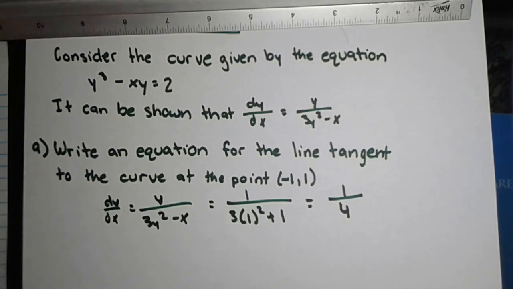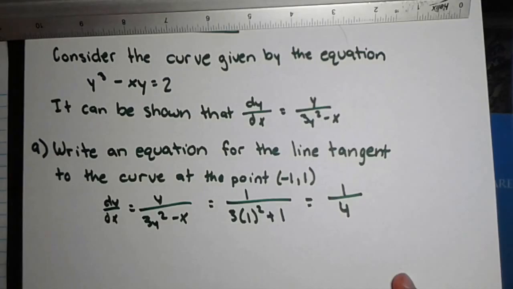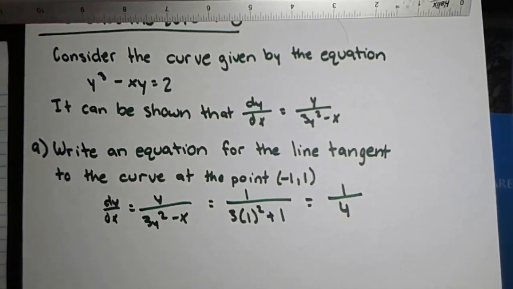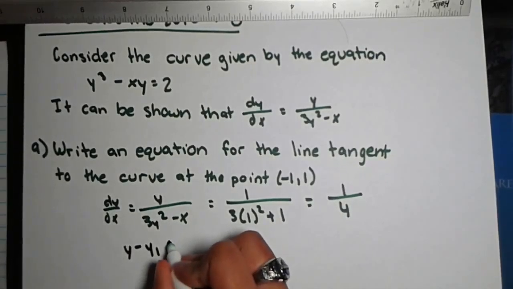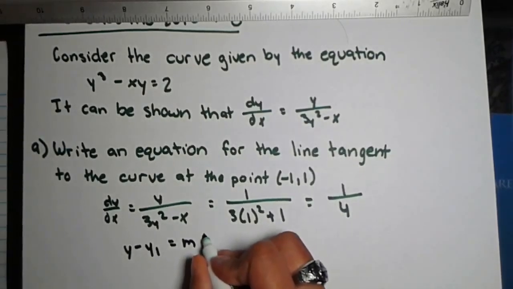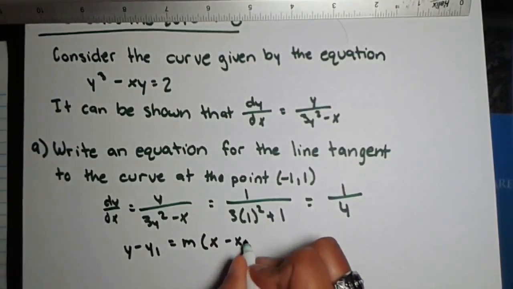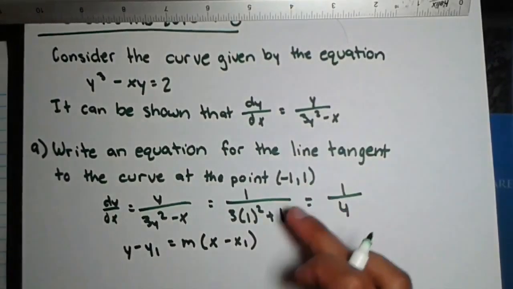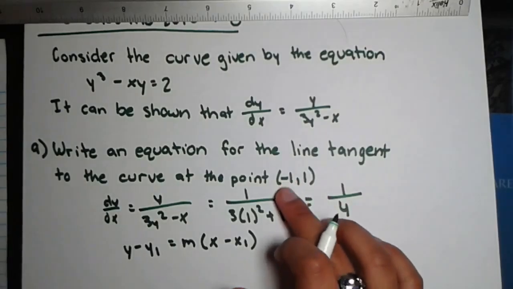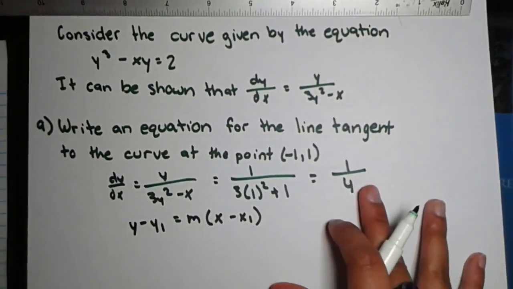And our slope, so we can just plug that into our line equation, which is y minus y1 equals m times x minus x1. M is our slope, y1 is our y point, x1 is our x point. So all you have to do is plug in your numbers.